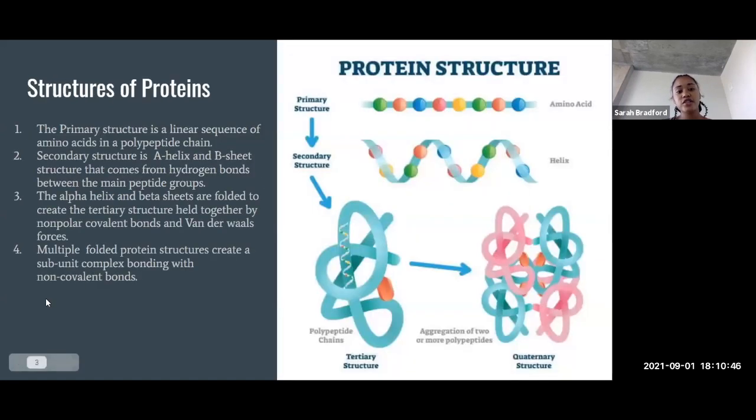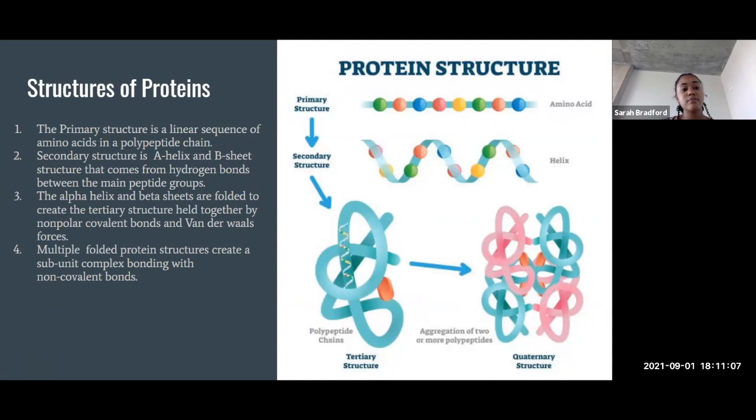So there are four structures of proteins: the primary structure, the secondary structure, the tertiary structure, and the quaternary structure. The first is a linear sequence of amino acids in one polypeptide chain. The secondary structure is an alpha helix and beta sheet structure that comes from hydrogen bonds between the main peptide groups.